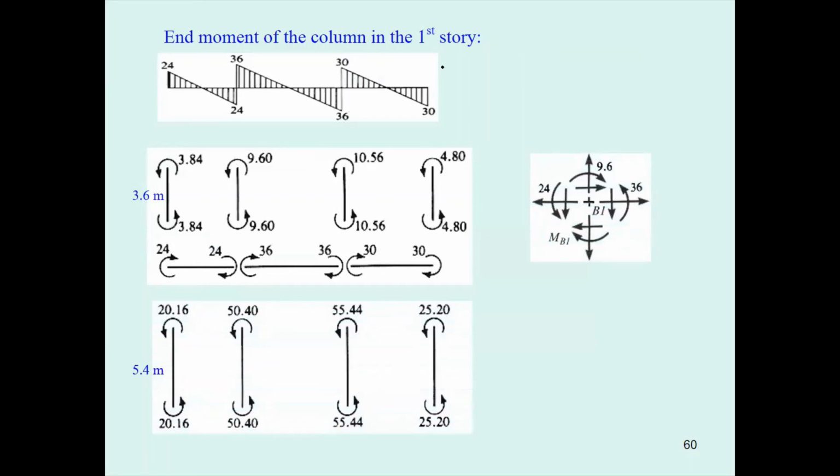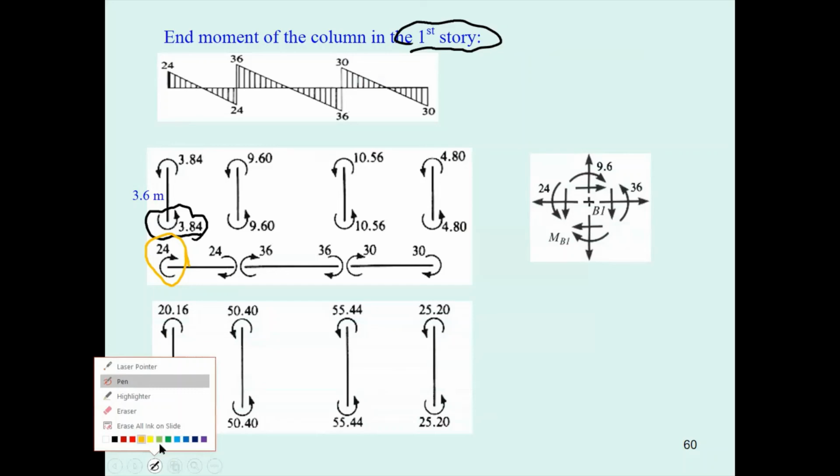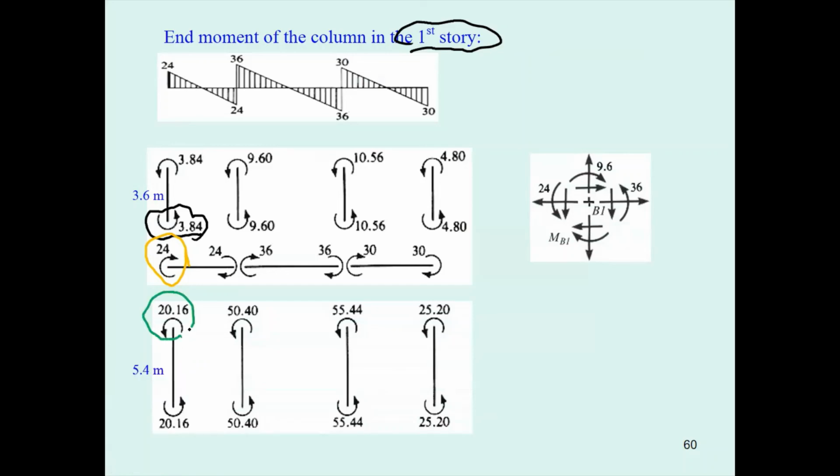On the first form, again, you have to take the result from the previous one. Okay, you take the moment here from the previous one, and then you have this 24 that you have, and then it's very simple where this one comes from. Just take 24 minus 3.84.